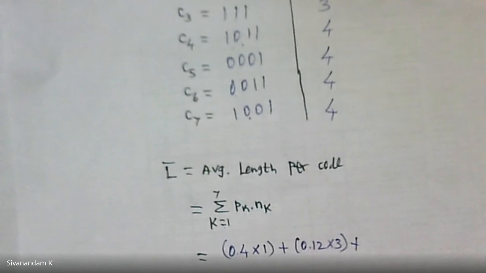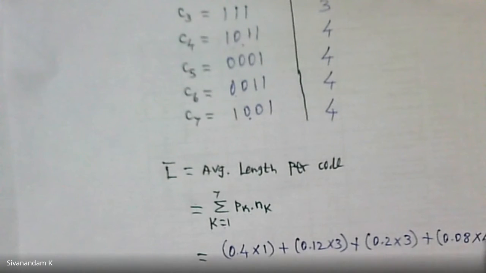So similarly, write the probability and multiplication of probability and respective code length. Third message probability is 0.2. Respective code length is 3. Plus fourth message probability is 0.08.